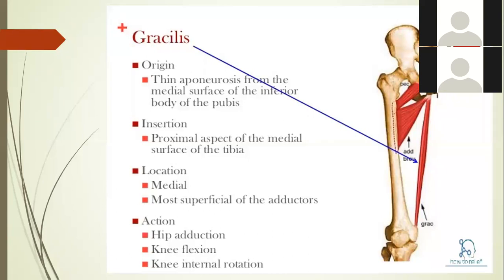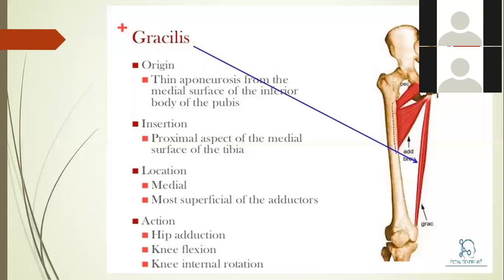The ischium gives origin to the muscles of the posterior compartment of the thigh. And the ilium is the attachment point for the extensor muscles of the front of the thigh. So the extensors mainly attach on the ilium, the adductors mainly on the pubis and its rami, and the flexor muscles, the hamstrings, or muscles of the posterior compartment, mainly originate from the ischium.